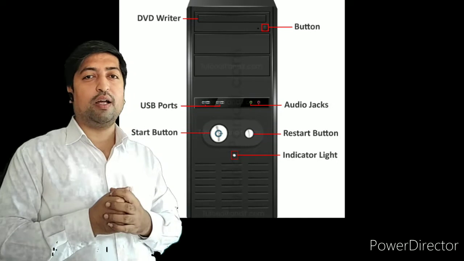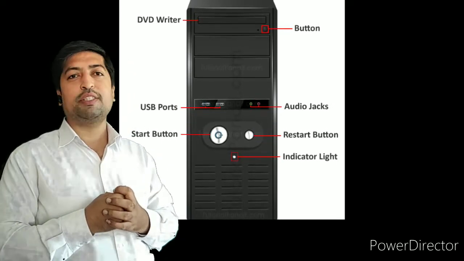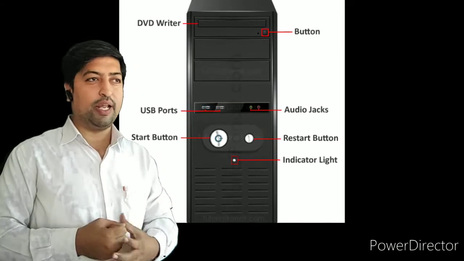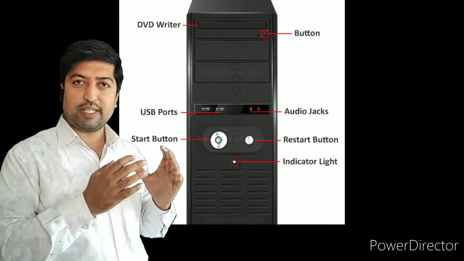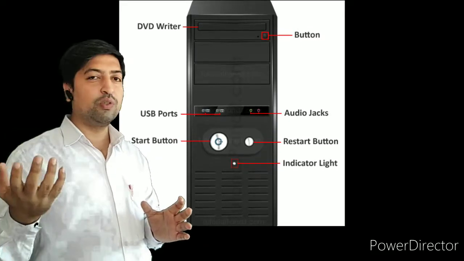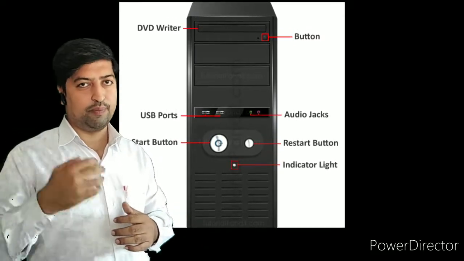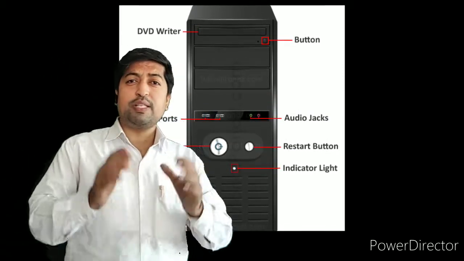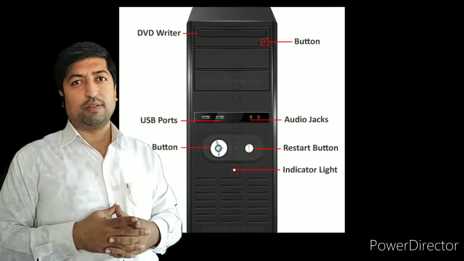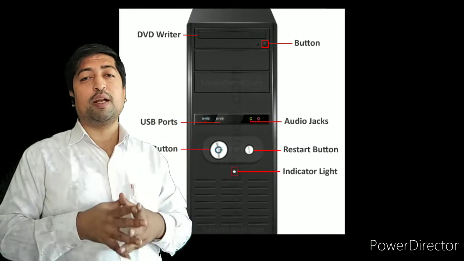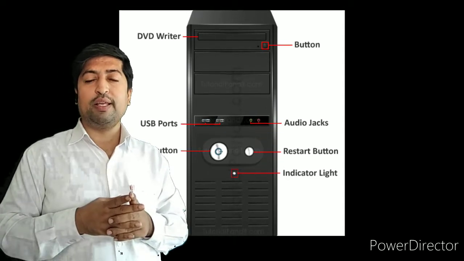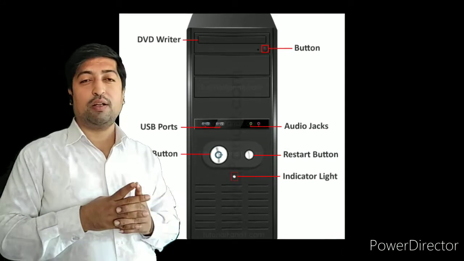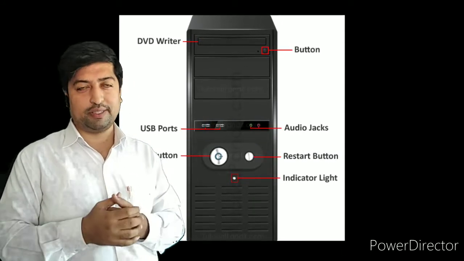The first definition of the CPU is to take the input, process the data and show the output on the monitor or the screen. CPU is the main part of the computer. Second point, the CPU is the brain of the computer, like the brain of human beings.